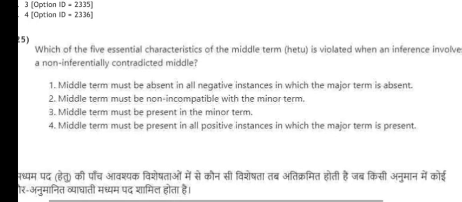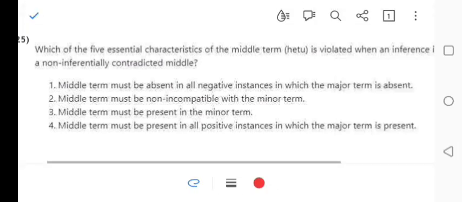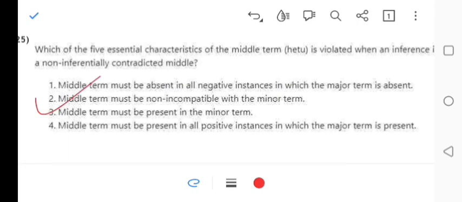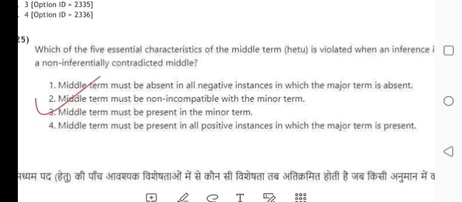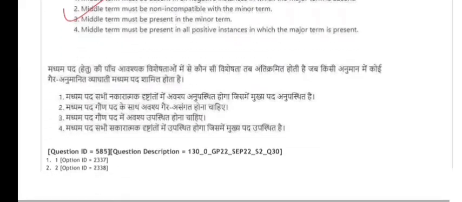Middle term must be absent in all negative instances in which the major term is absent. 2. Middle term must be non-incompatible with the minor term. 3. Middle term must be present in the minor term. 4. Middle term must be present in all positive instances in which the major term is present. So number 2 will be correct. Middle term must be non-incompatible with the minor term. This is what I have found to be correct.